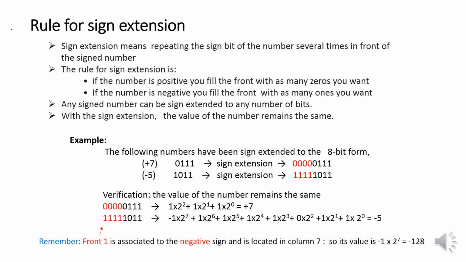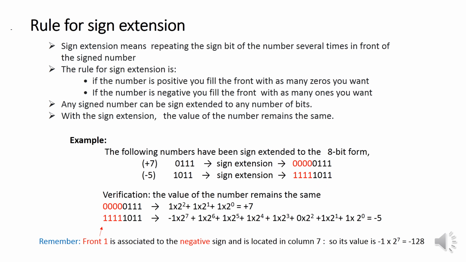Example, here +7, which is 0111, has been sign extended to the 8-bit form. For this, we have added 4 zeros in front. And here, -5, which is 1011, has been sign extended to the 8-bit form.